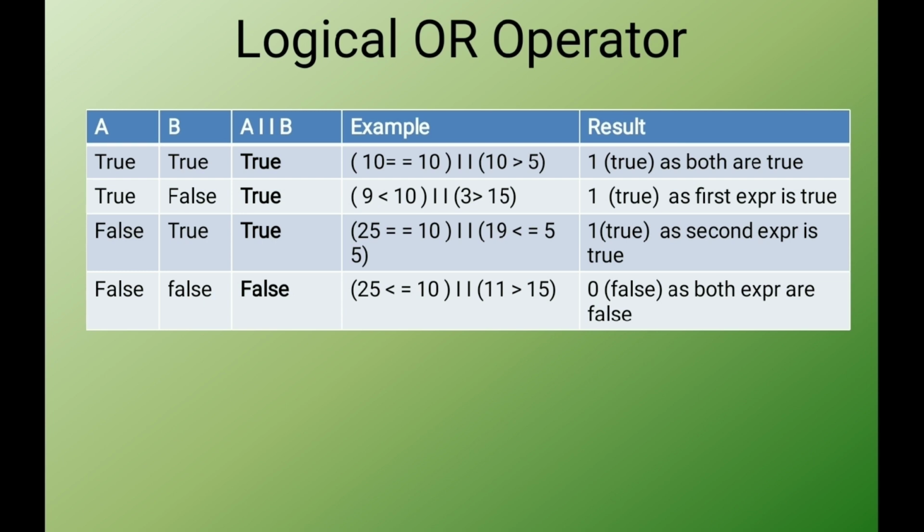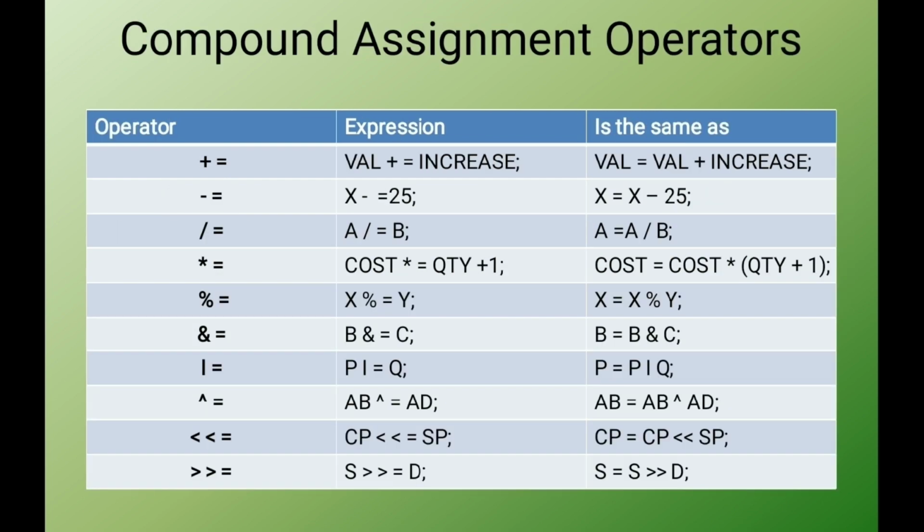Here your first expression is true but your second expression is false. Your result remains true only. It's simple: out of two expressions, if one expression is true, then the result is true. If both are true, then the result is true, otherwise it remains false.